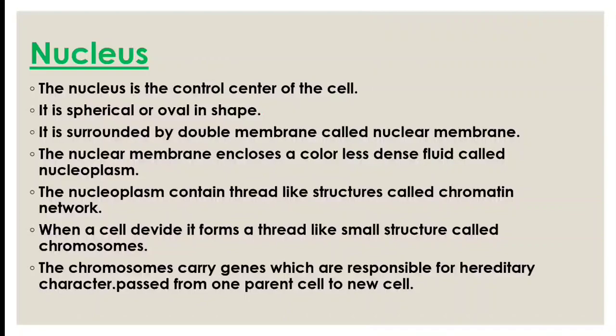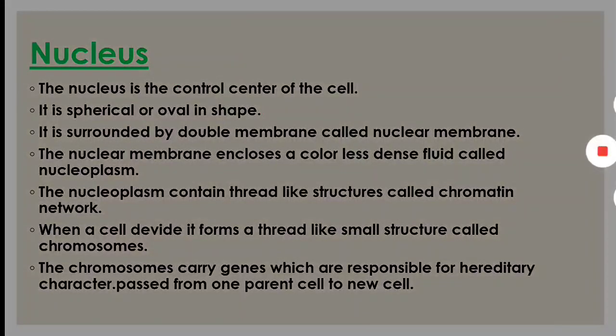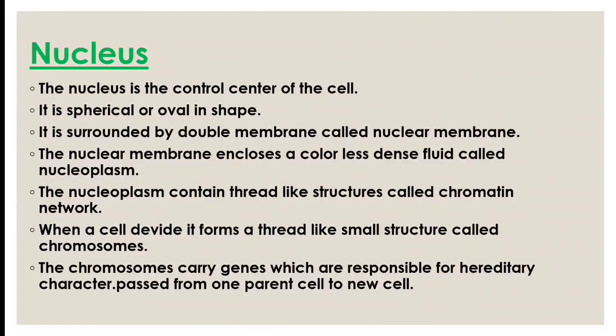The chromosomes carry genes which are responsible for the hereditary characters passed from the parent cell to the new cell. What does the chromosome carry on it? It has genes on it.